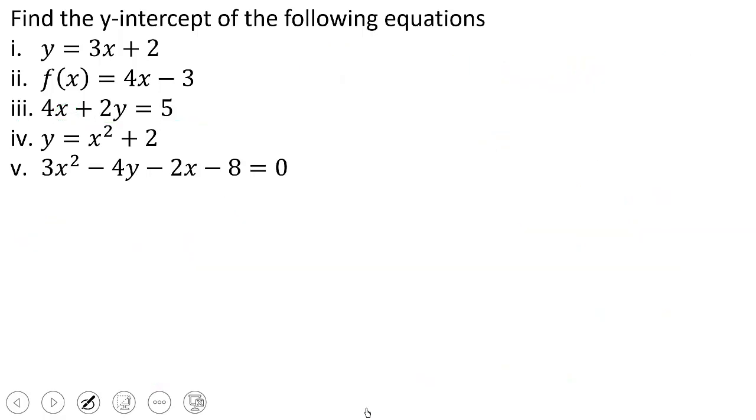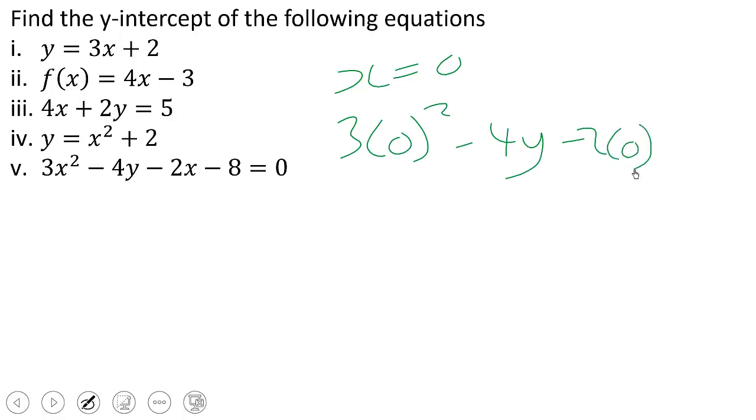Now let's talk about the last one. You cannot see it right away, so you have to plug in x equals 0. So x equals 0. We have 3 times 0 squared minus 4y minus 2 times 0 minus 8 equals 0.